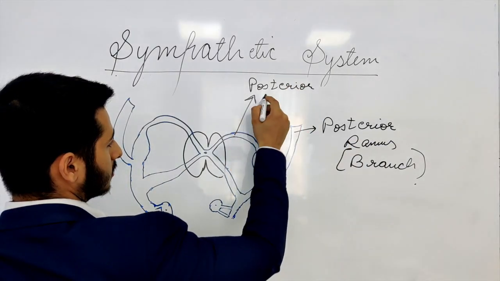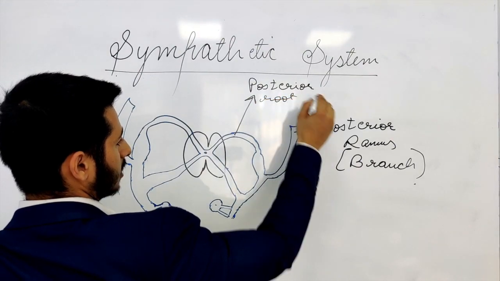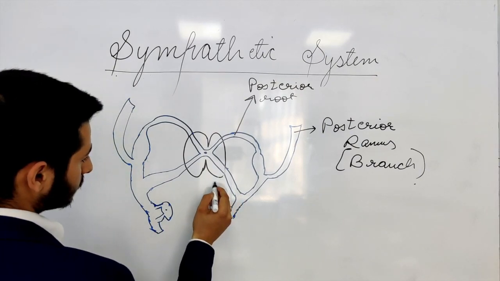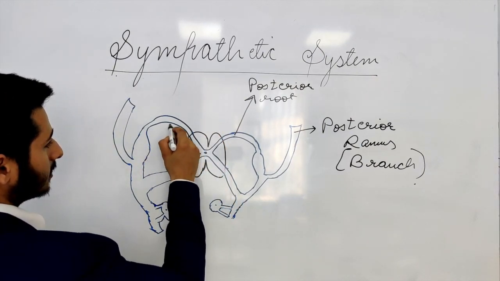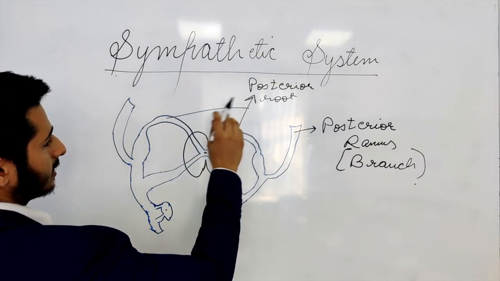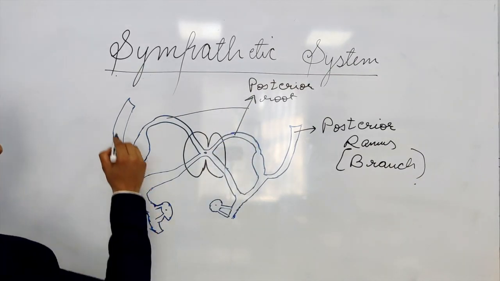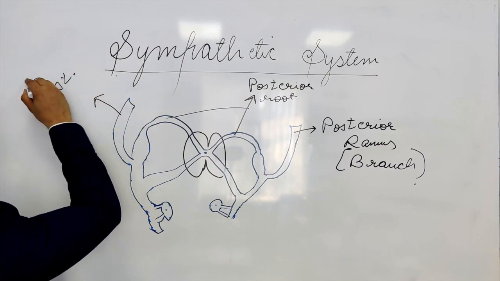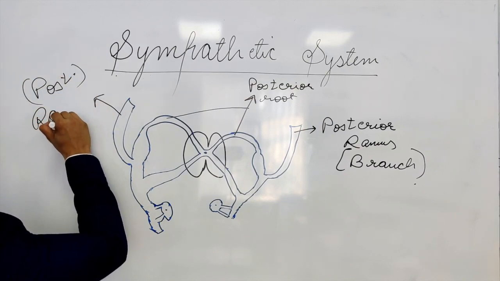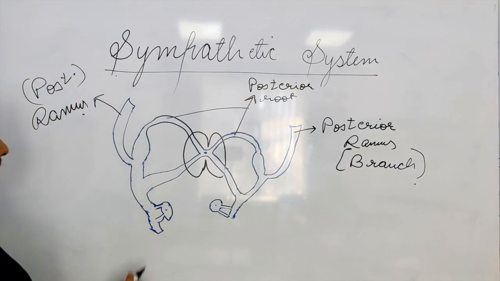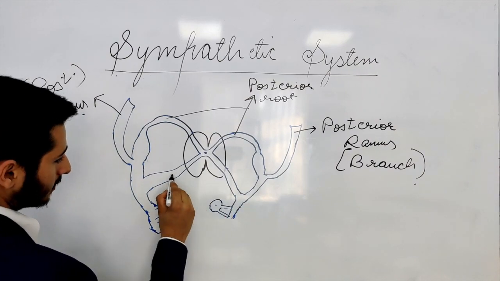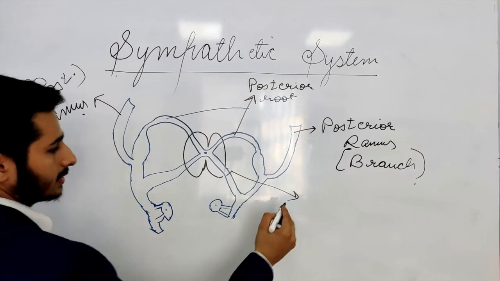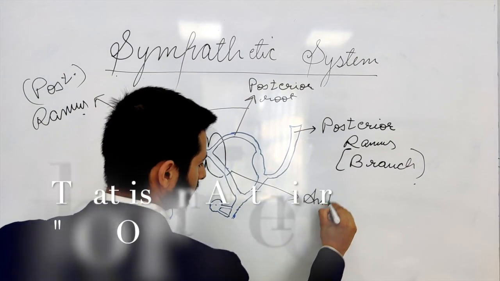Posterior root, and posterior ramus, that's a branch. And right here, this is the same as the posterior root. This also is a posterior ramus. And right over here, this is the anterior ramus.